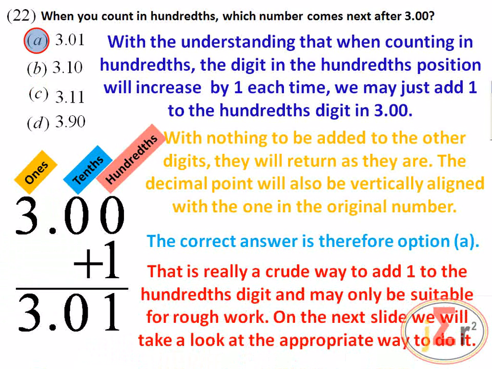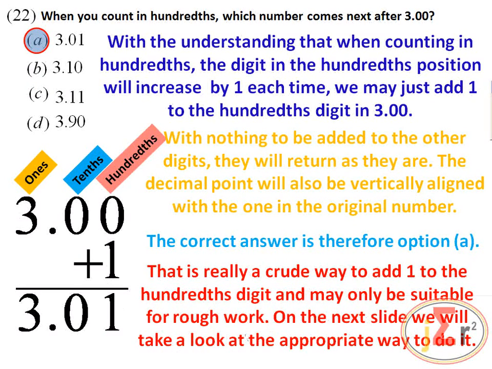This is really a crude way to add 1 to the hundredths digit and may only be suitable for rough work. On the next slide, we will take a look at the appropriate way to do it. Because when we are adding, we cannot just take 1 and just put it right there. That's not very good for our mathematics.